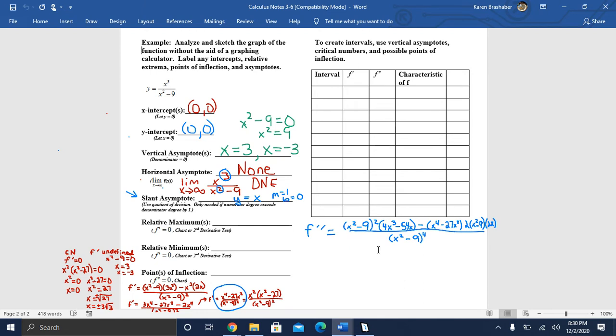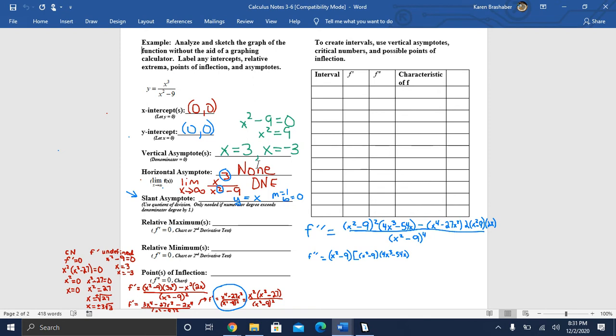And now I would encourage you to work on simplifying that. I'm going to do it by factoring. I'm going to factor out x squared minus 9 and then put a bracket to show what is left. So I still have an x squared minus 9 factor times my 4x to the third minus 54x.